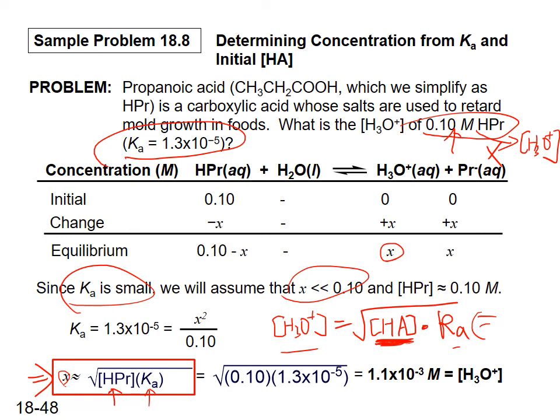And you need to check that X is small, the error is less than 5%. In this case, if you calculate this divided by the initial concentration, you will find it is 1.1% error, which is justified. Very small, negligible. Again, remember this equation is very useful for a weak acid. How do you calculate the hydronium ion concentration?